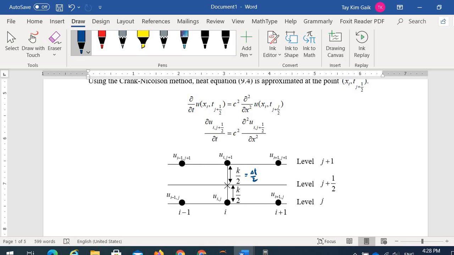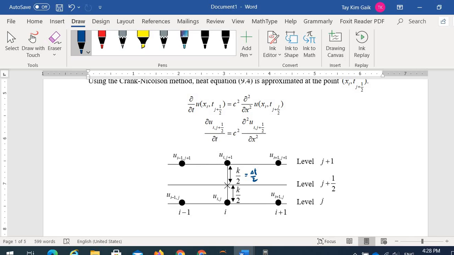So from j to j plus 1, the center will be j plus a half. On the x-axis, the center is i, the right is i plus 1, and the left is i minus 1. So the heat equation is approximated at the point (xi, tj+1/2), where U(xi, tj+1/2) can be simplified as the notation U(i, j+1/2).